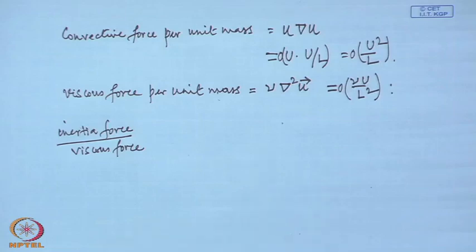Earlier we said that the convective force is dominant. If the convective force is dominant, then this is what is going to be the situation. Now, how do we measure dominant? That one is much larger than the other. So, this is what quantifies it.